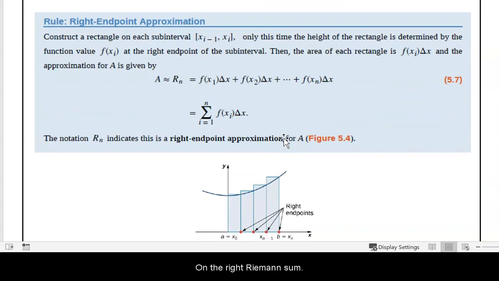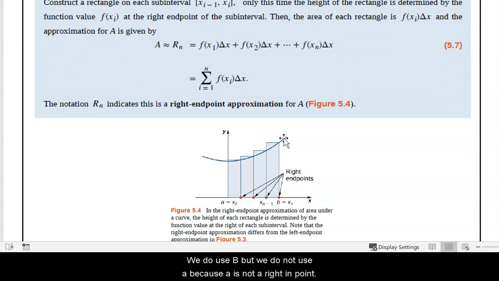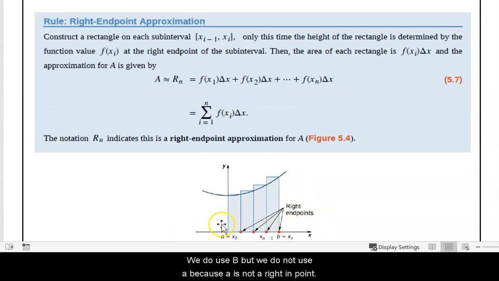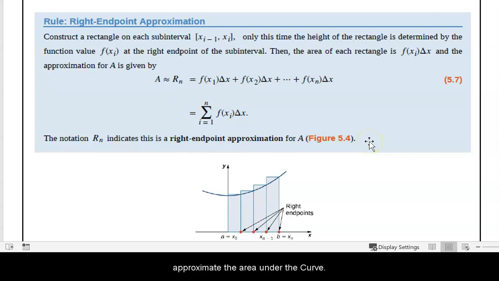On the right Riemann sum, we do use B, but we do not use A because A is not a right endpoint. This summation notation is again just a shorthand way of writing the sum of all the rectangles to approximate the area under the curve.